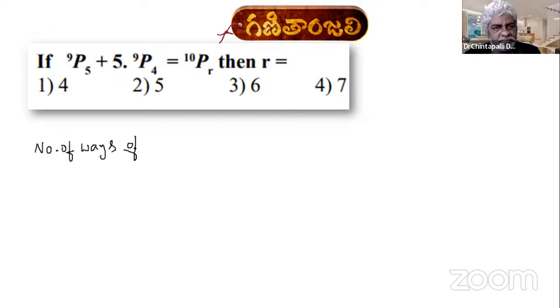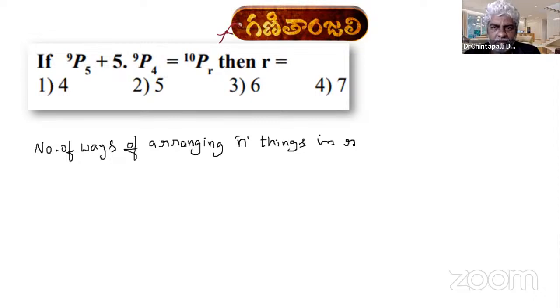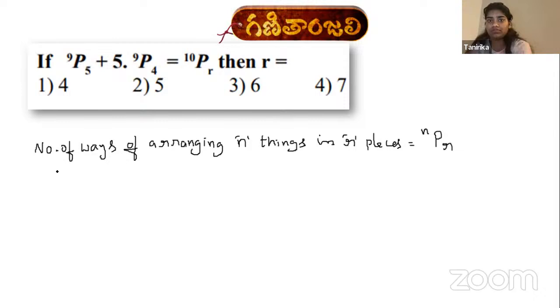The number of ways of arranging n things in r places is equal to nPr.